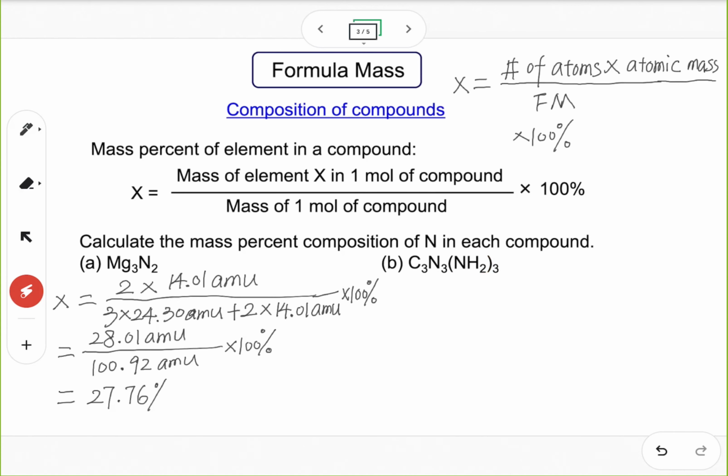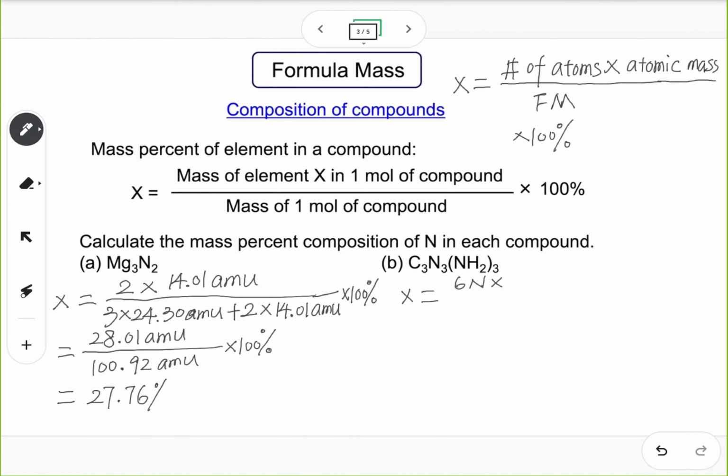Therefore, you need to consider all of the nitrogen from those 3 NH2 groups. So 3 nitrogens here, 3 nitrogens here, so you have 6 nitrogens total, right? So the X equals 6 nitrogen. I'll write it here on top. You don't have to write the N here. I wrote it here because I want to show you what I'm trying to do.